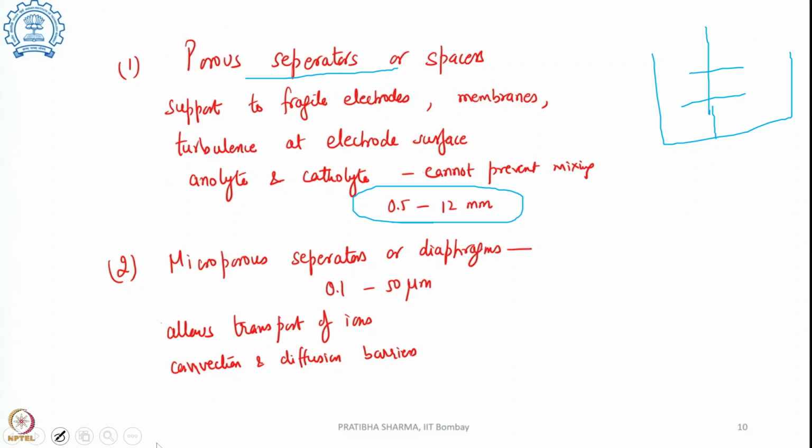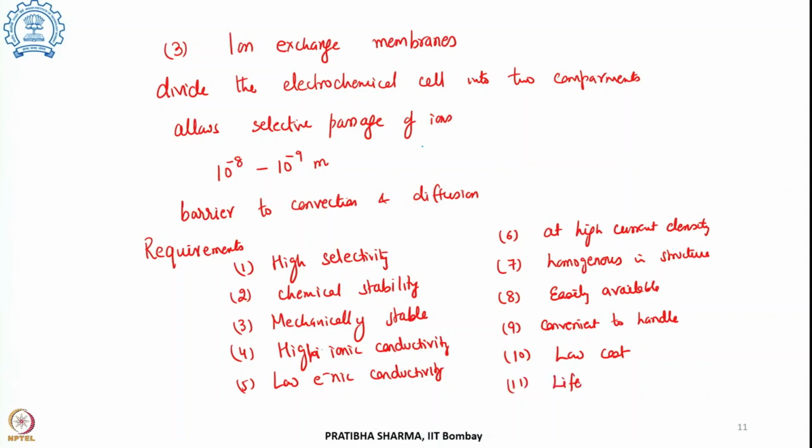But in a microporous separator, only the ions will transport from one side to another. An ion exchange membrane will not allow the anolyte to mix with the catholyte or vice versa. Only the ions will transport from one side to the other.